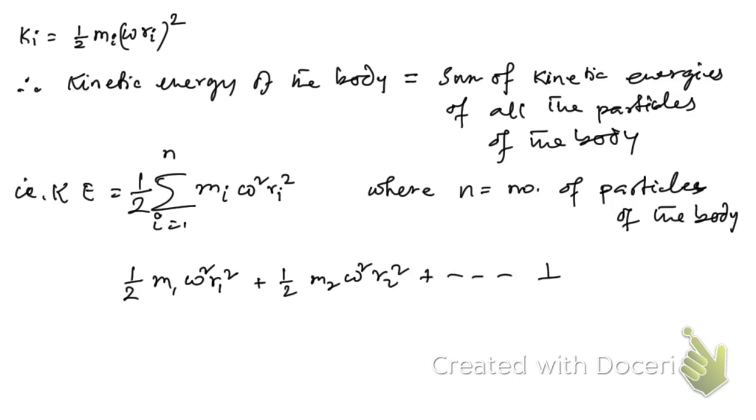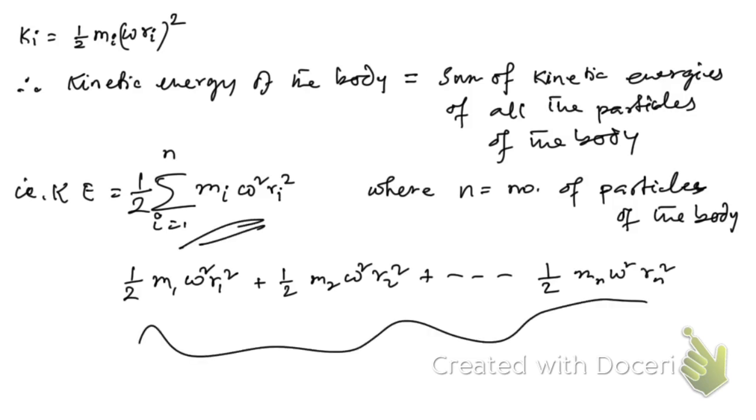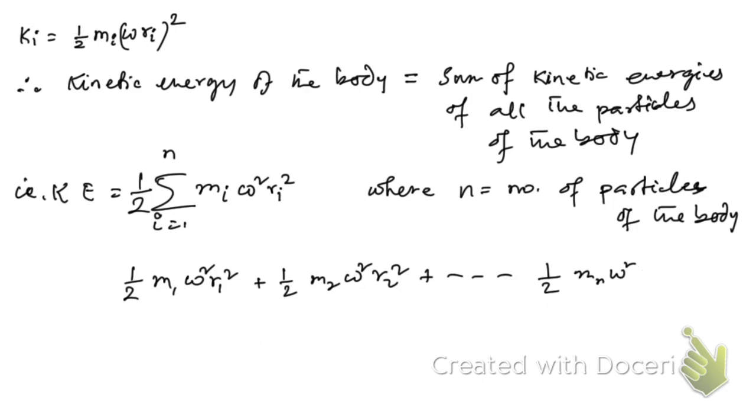If there are n number of particles, half mn omega square rn square. Okay, this can be expressed as this, right? So hope you have understood this. So now let me clear this.